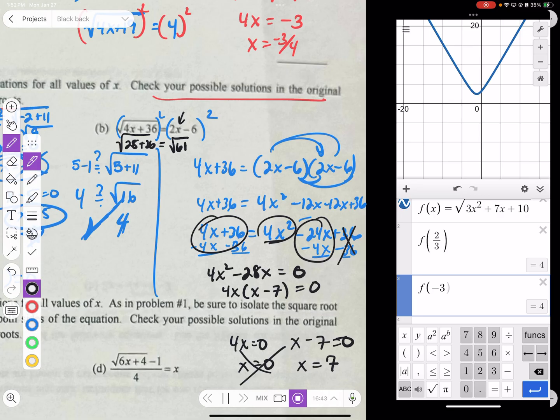Is that right? 28 and 36 is 64. Thank goodness. Square root of 64 is 8. Now I'll plug in that 7 over here, and that's 2 times 7 is 14 minus 6. It gives me 8 as well. So this one checks, the other one didn't.